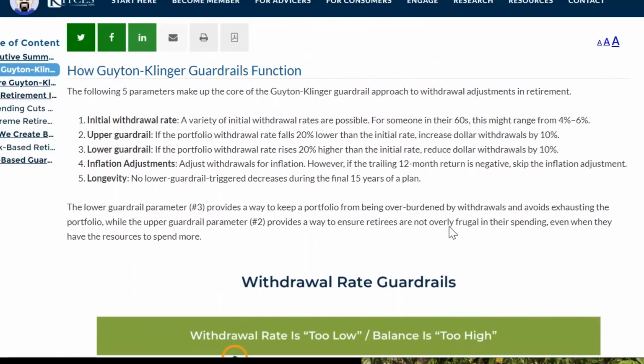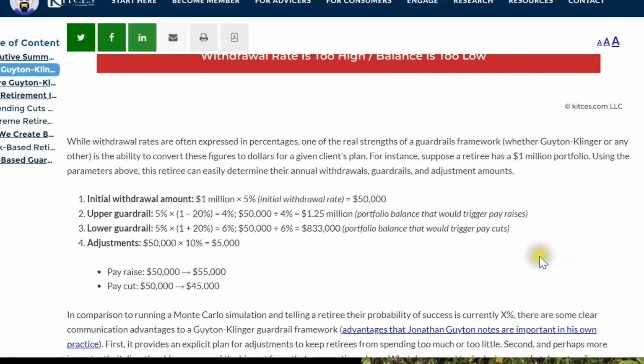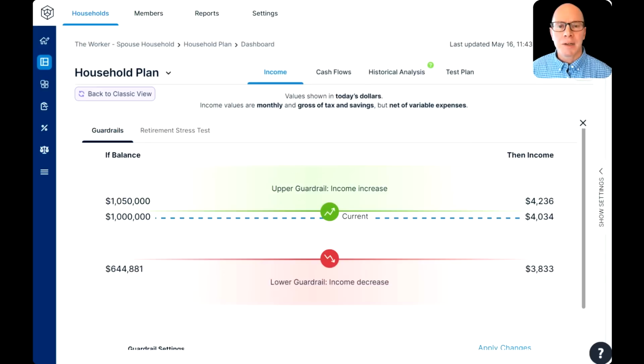So if your account balance goes down by a certain amount, it hits a guardrail, that means you need to cut your spending. And on the other side of things, if things go well, your account balance grows beyond a certain point, then you can presumably increase your spending. So as you might imagine, the spending amount each month or each year is going to fluctuate, and ideally it goes up, but you need to be open to the possibility of it going down.